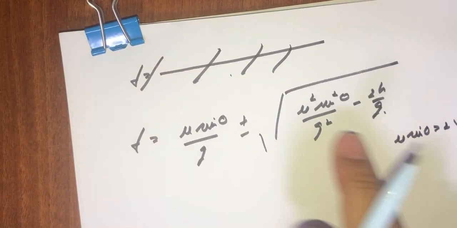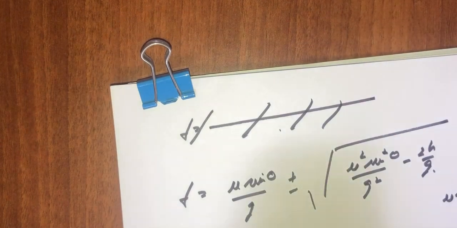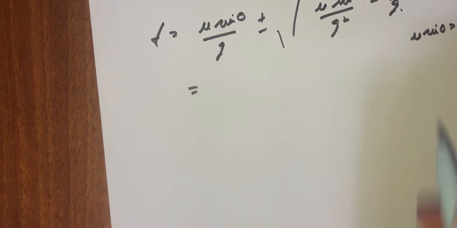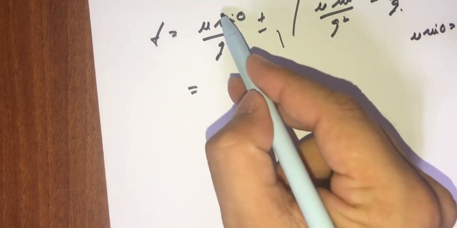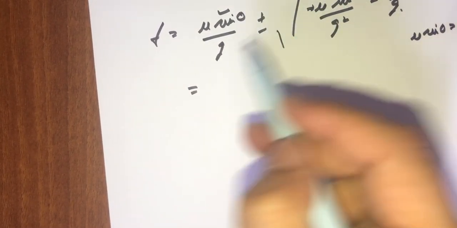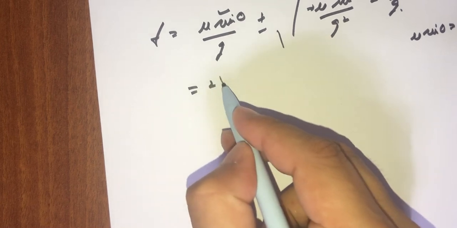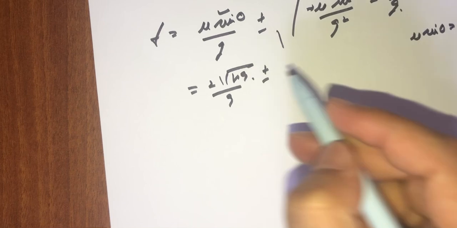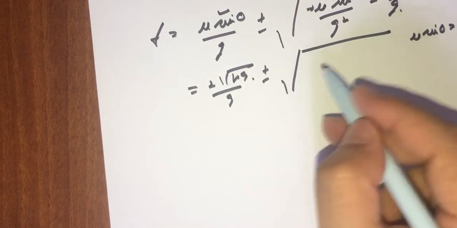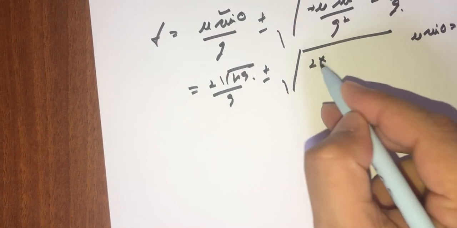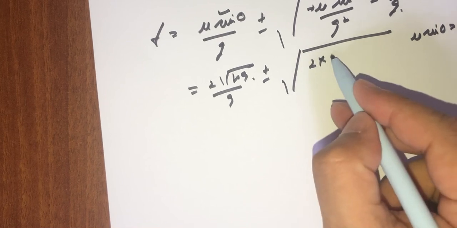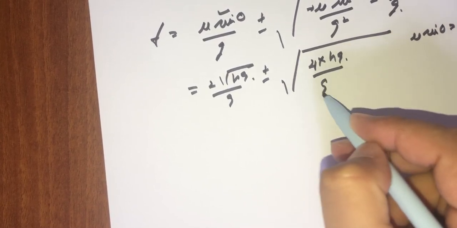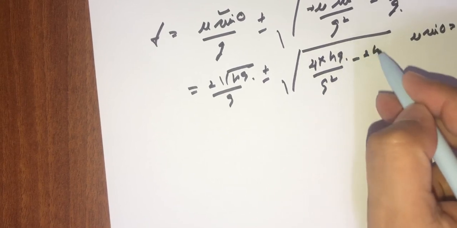So we put this value here as well as here, substituting u sin theta in both places. So we get 2 square root of hg divided by g plus minus, this will be 2 into, so rather 4hg divided by g squared minus 2hg.